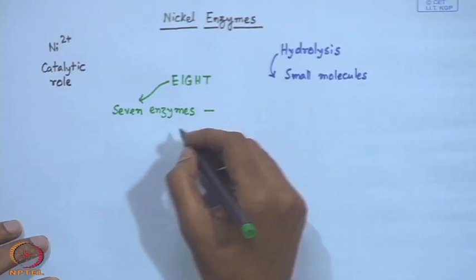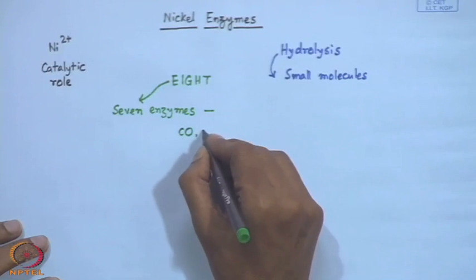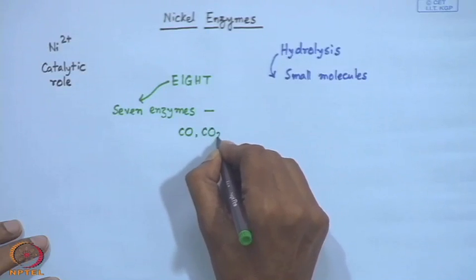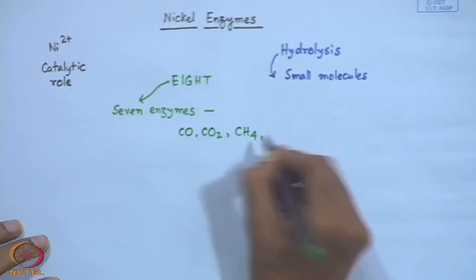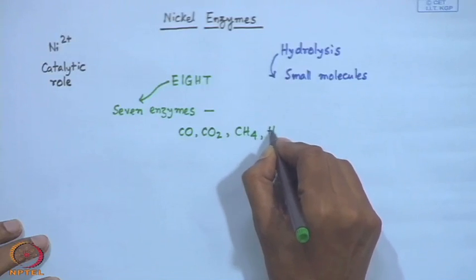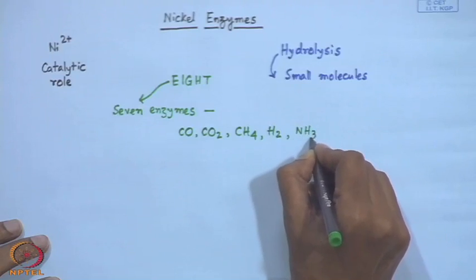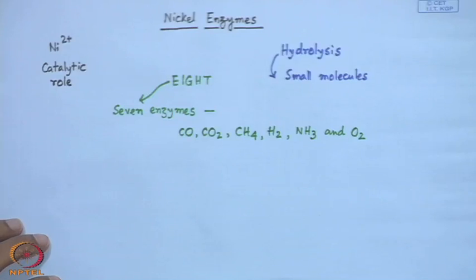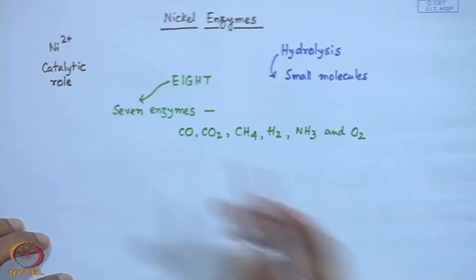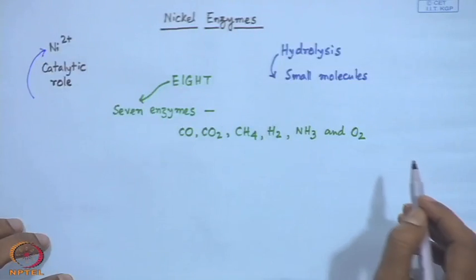can interact with small molecules like carbon monoxide, carbon dioxide, methane, H2, ammonia and O2. So, there is a big list of small molecules that can go and interact at the nickel catalytic site.